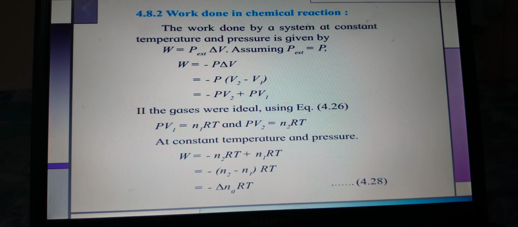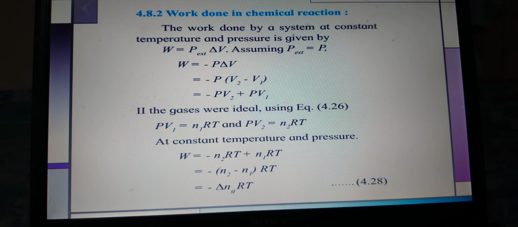Now we introduce the ideal gas equation into the above equation. So we get W is equal to minus N2RT plus N1RT. What are N2RT and N1RT? According to the ideal gas equation, PV1 is equal to N1RT, because the general formula is PV is equal to nRT. We use two different volumes here, V2 and V1, so we write conveniently PV1 is equal to N1RT and PV2 is equal to N2RT.